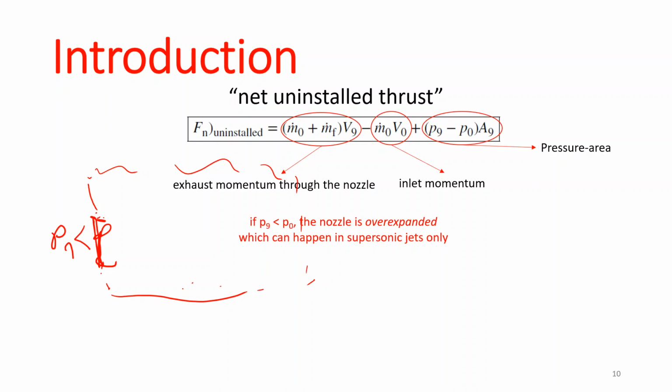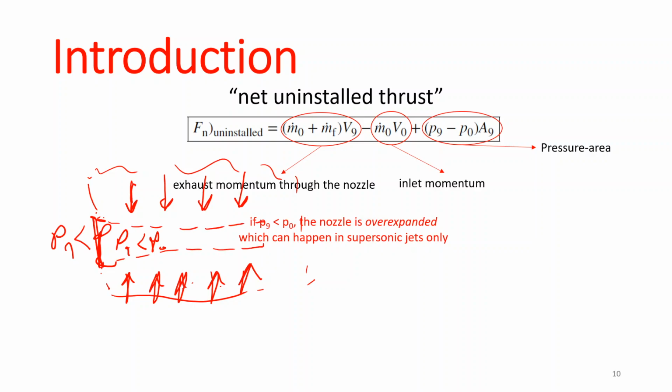So what will happen to the shape of this flow stream? Okay. We have the P9 here, which is smaller than P0, right? Which means that the ambient air is going to exert some force on your flow stream. So your flow stream is going to become denser, right? The area is going to become small. The area between the streamlines is going to become small.